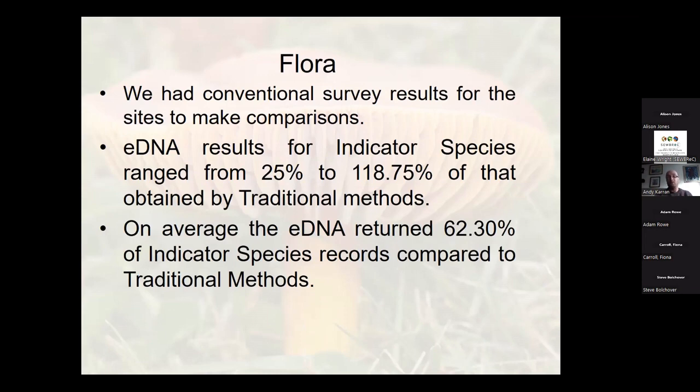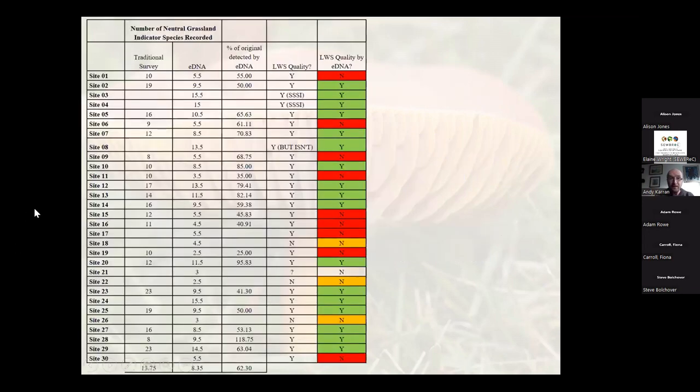when we surveyed a site, normally we'd survey the whole field, and this just involved a 30 metre by 30 metre square. So this was all the sites, whether we considered them local wildlife site quality from our traditional methods, and whether using eDNA could also help to flag up whether they were local wildlife site quality. You can see there was a pretty good correlation.